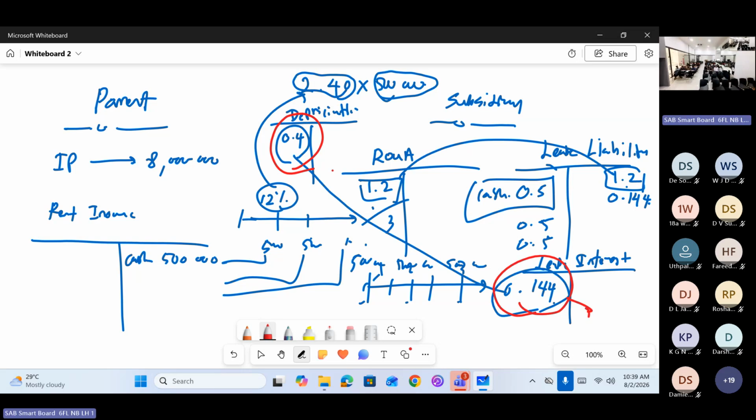Calculated. What is the liability? 1.2 into 12%. Liability into 12%.